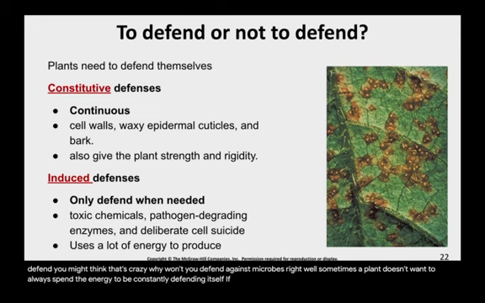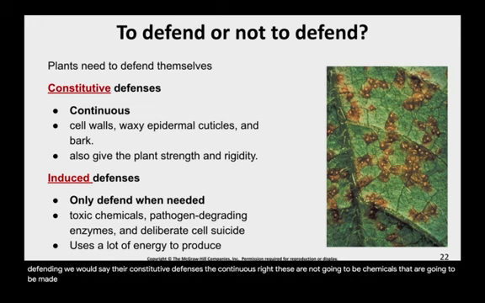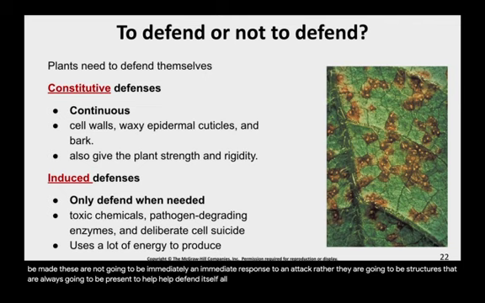If they have defenses that are always on, or always defending, we would say they're constitutive defenses. They're continuous. These are not chemicals that are made as an immediate response to an attack. Rather, they are structures that are always present to help defend the plant all the time.